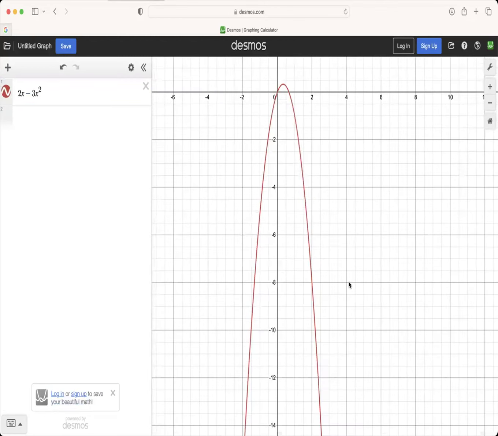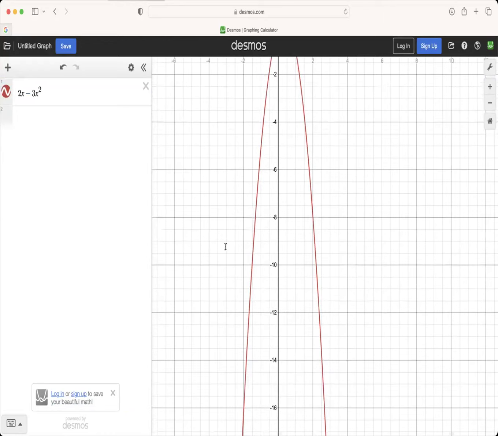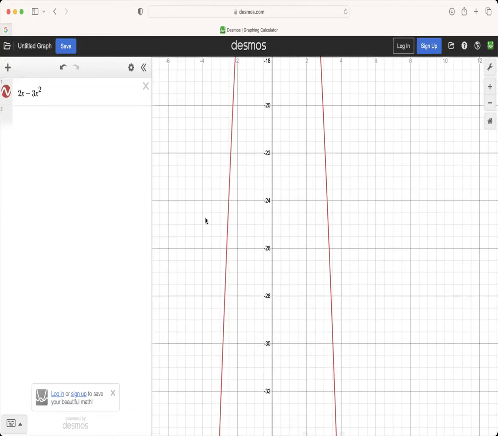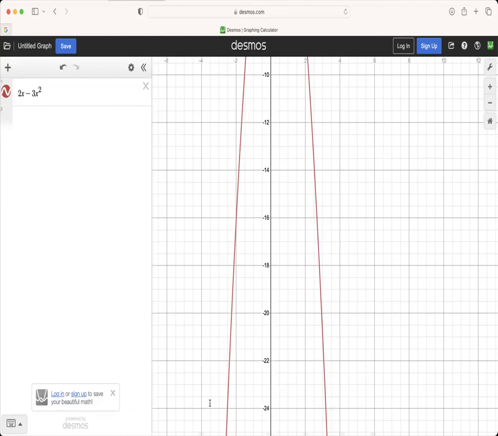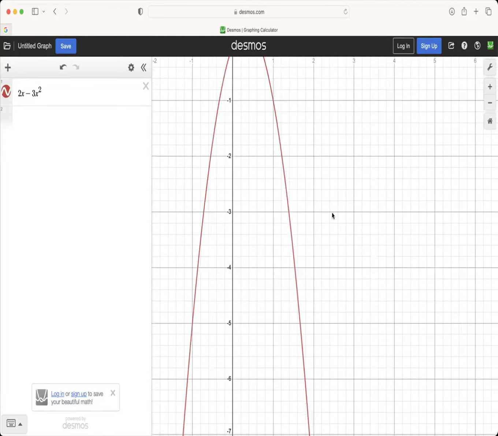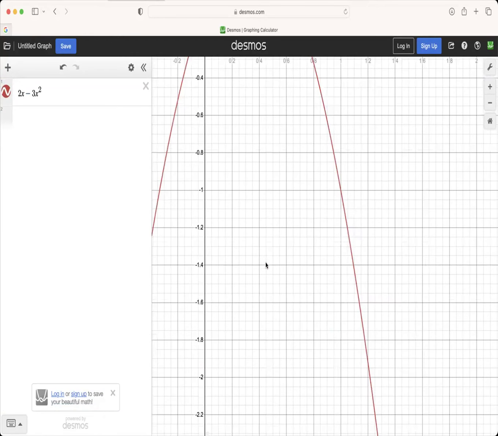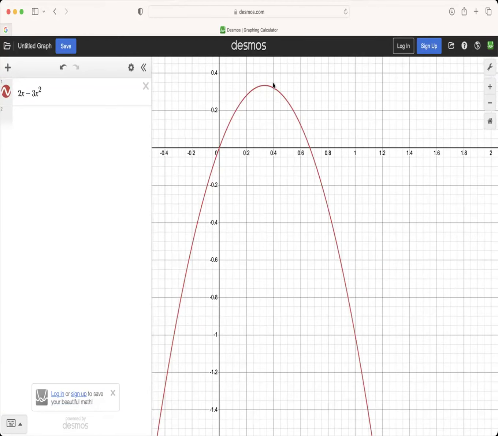As you can see, it only has one maximum. There is no minimum for this function. You can scroll and see there is no minimum to this function. So at x equals a third, the value that we just found algebraically, we expect to see a maximum for this function. So let us go back here.